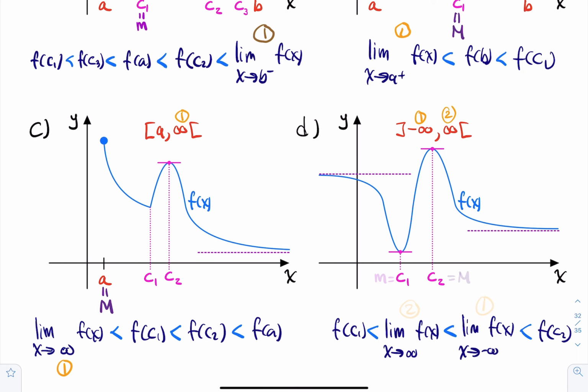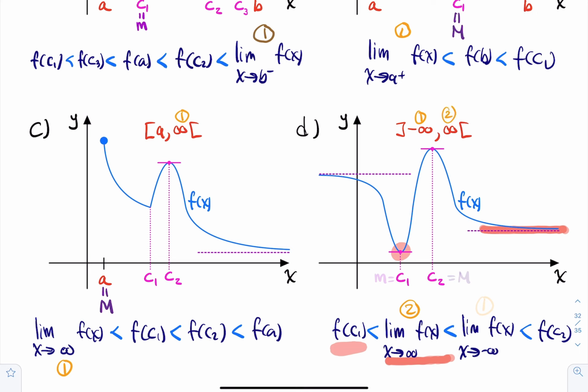So what is the smallest possible value here? The smallest possible value is at the first critical point, at C1. Then there's this horizontal asymptote given by the limit here. So the limit going to infinity is the second smallest thing here, in second position. That's corresponding, of course, to my second important limit to set up and compute.